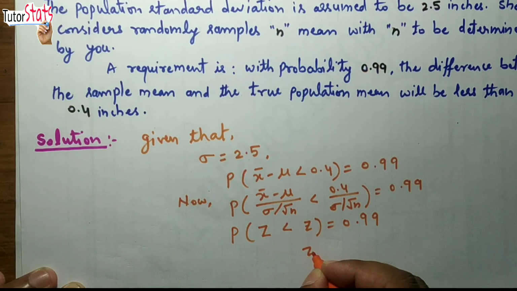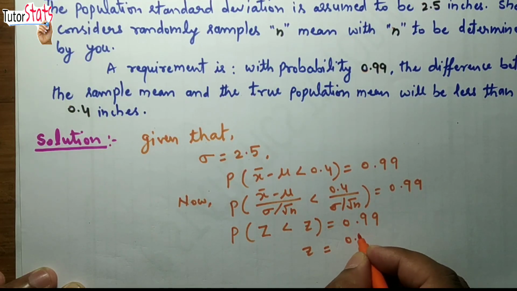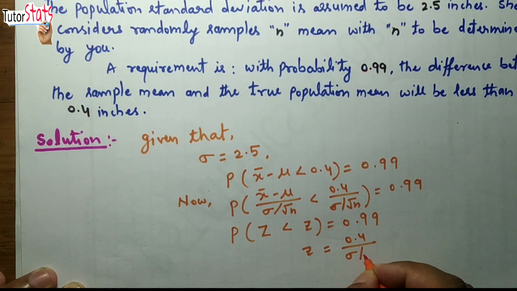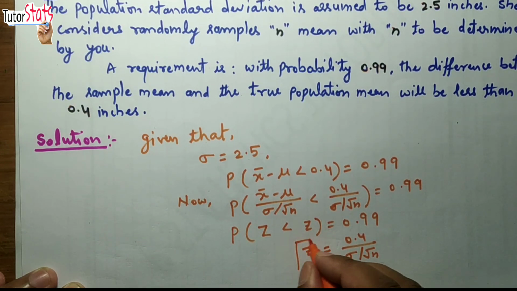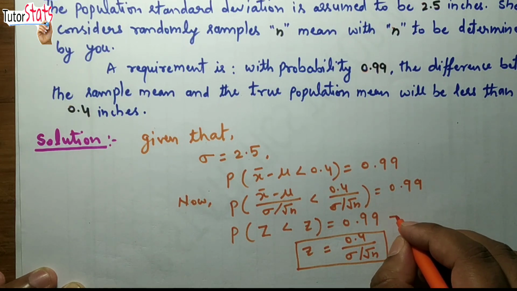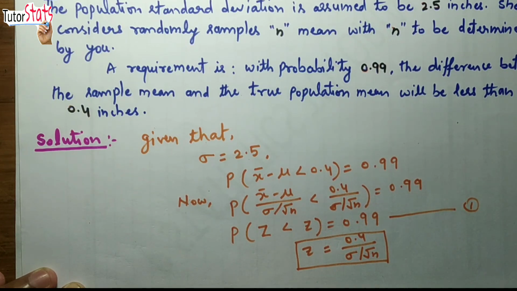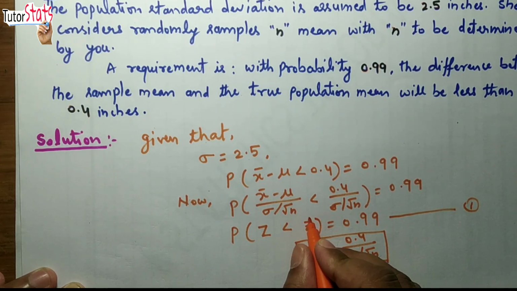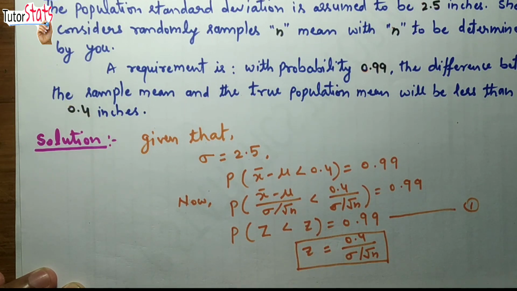Here small z is 0.4 upon sigma upon root n. This is our small z. And by using this expression 1 we will calculate the value of small z.